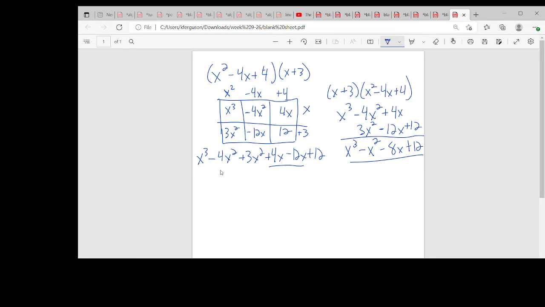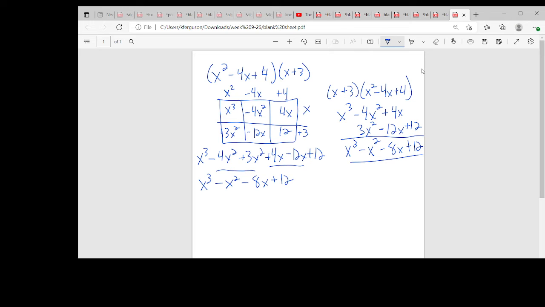And then I combine like terms. So either way, you still get the same answer. X cubed minus x squared minus 8x plus 12. So box method or just foiling or multiplying it out.